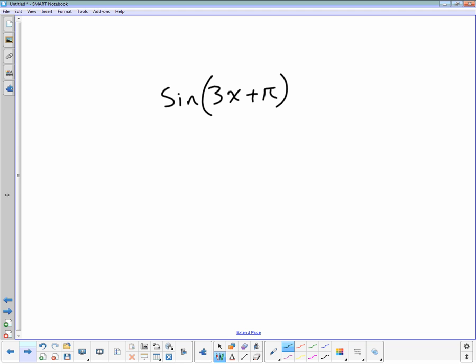And they'll say, graph that. Well, the problem is that it isn't in the form that I just explained to you. So we have to get it into that form, because the phase shift on this is not pi. In fact, the phase shift is pi over 3.